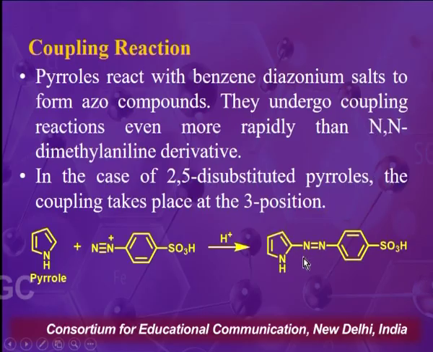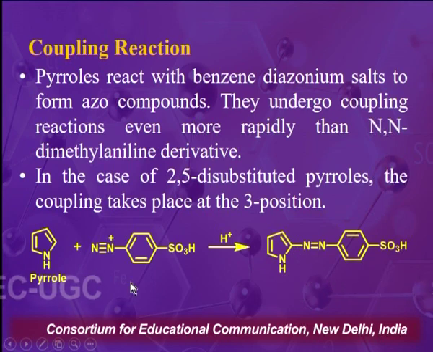One thing about pyrrole is that it is even more reactive than the N,N-dimethyl aniline derivative of benzene, and due to high reactivity the coupling reaction takes place very fast and we will get the azo compound, that is the C2 substituted pyrrole derivative.